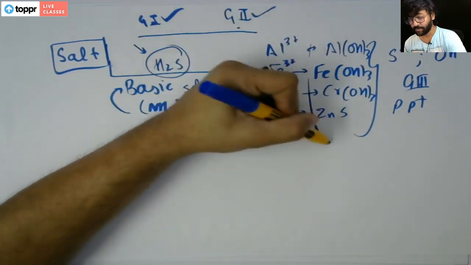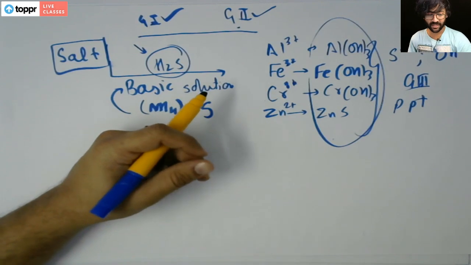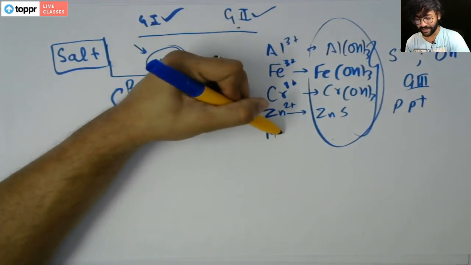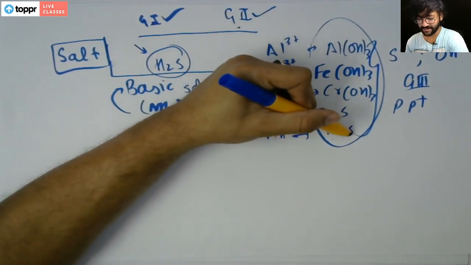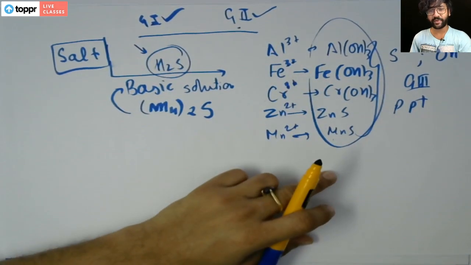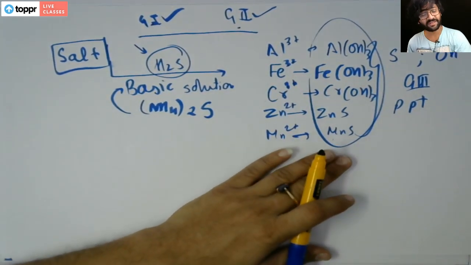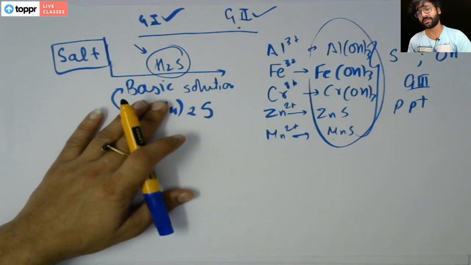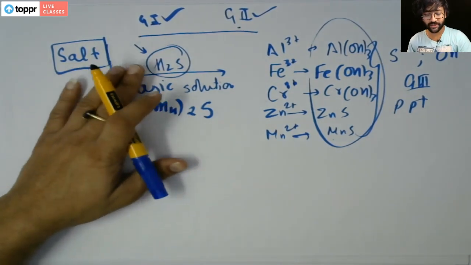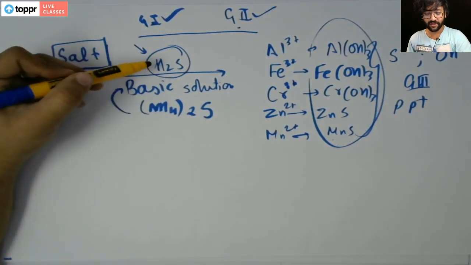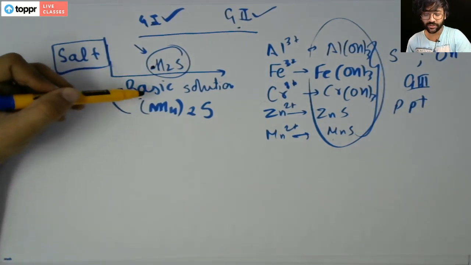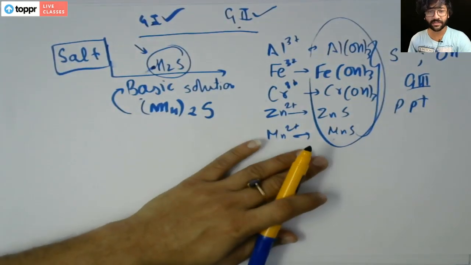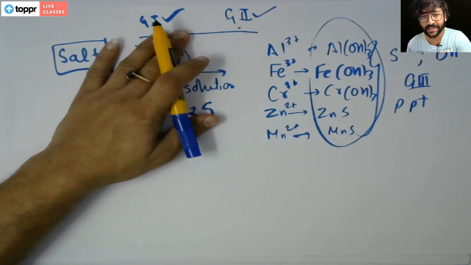These are all the precipitates which are occurring. Similarly, for manganese we can have MnS, the sulfide of manganese. If these things precipitate when we add hydrogen sulfide in a basic solution, then we can confirm group 3.